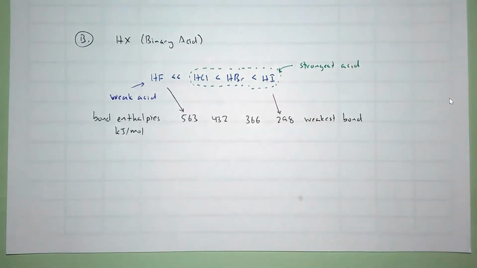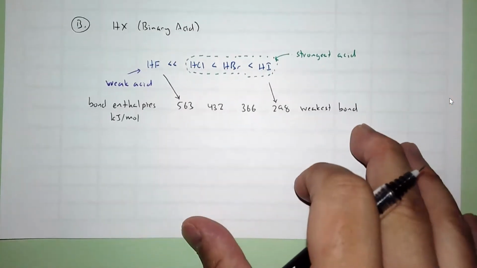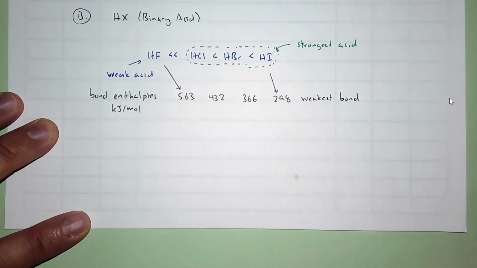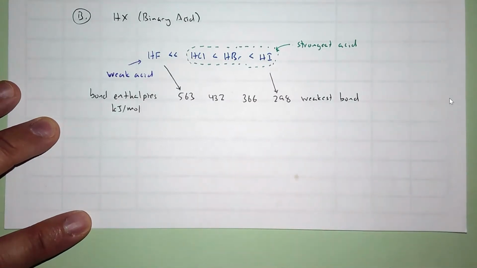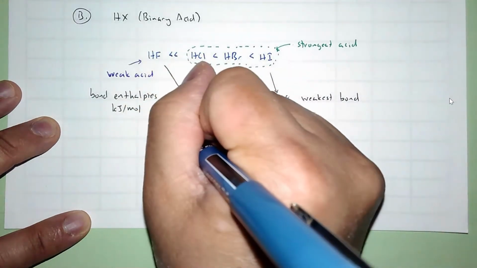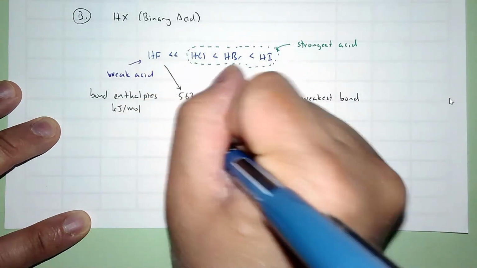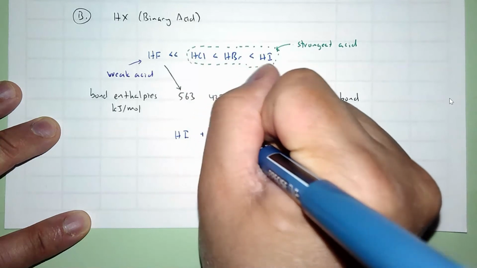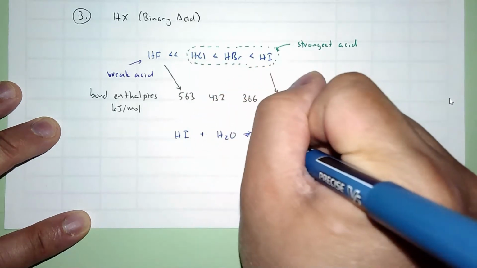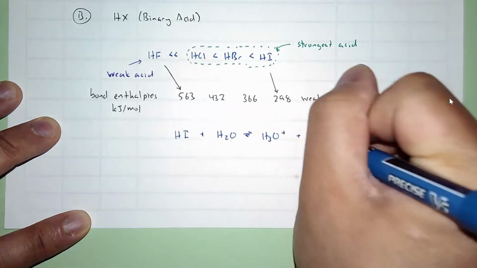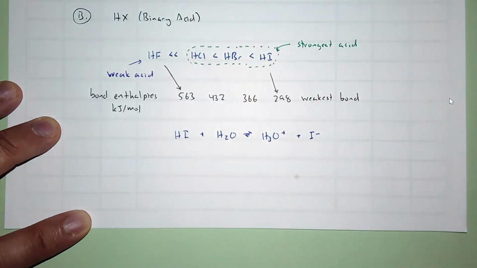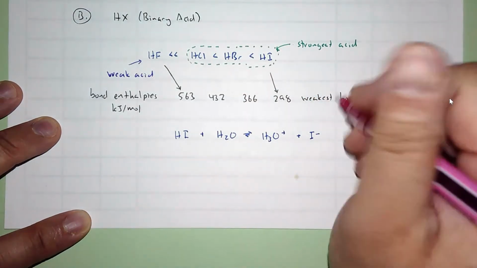There are a couple ways to rationalize why this is true. I look at stability. So let's take a look at HI plus water goes to hydronium plus I-. And I'm looking at the stability of I-.